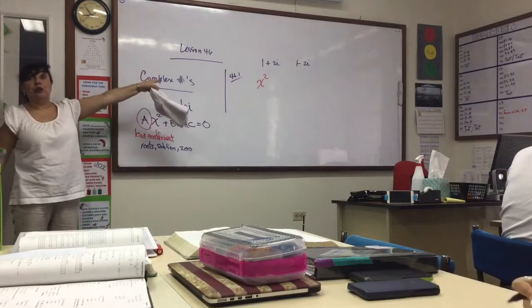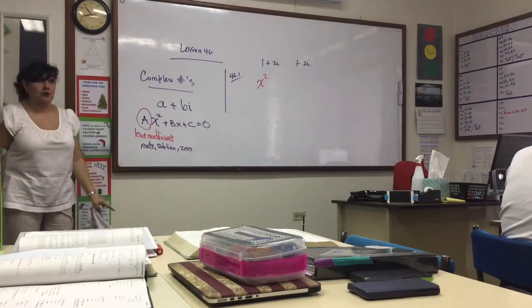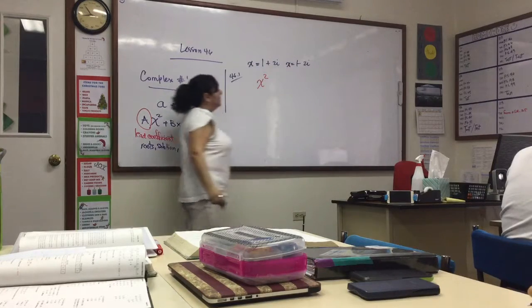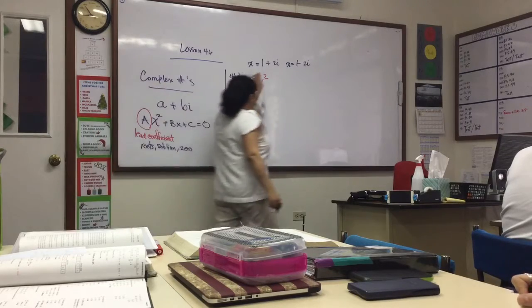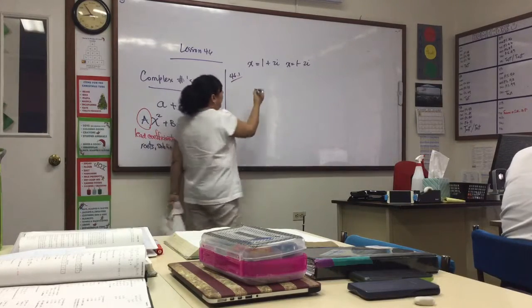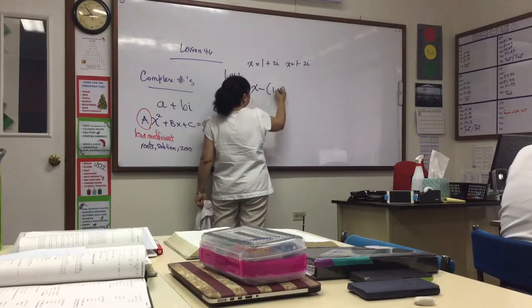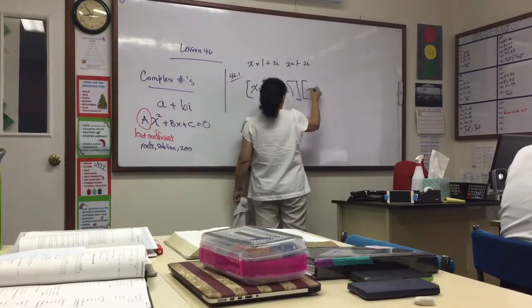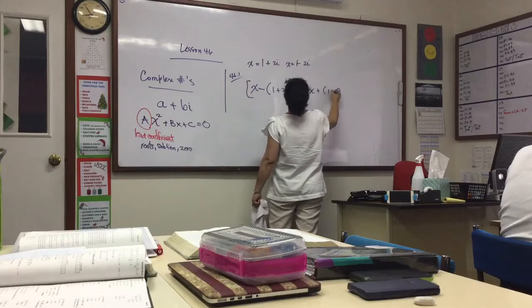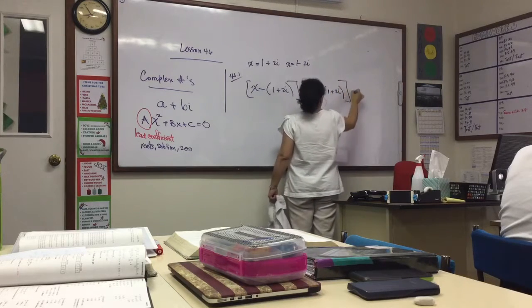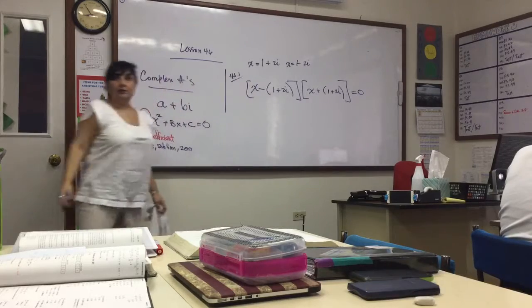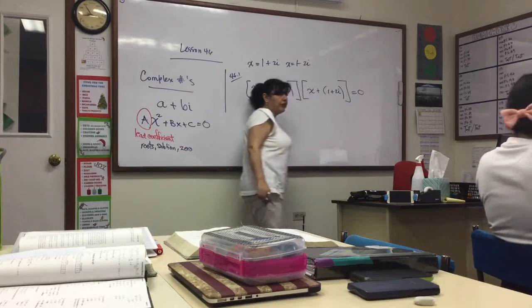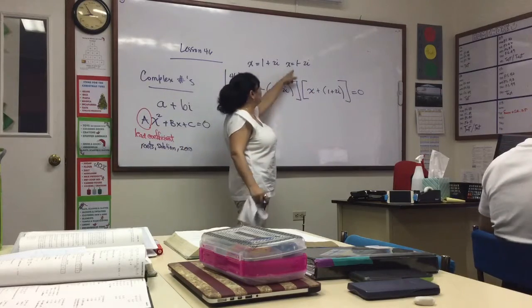So now we know that those are roots, meaning they are solutions. And if they are solutions, it means that x minus each of them equals 0.